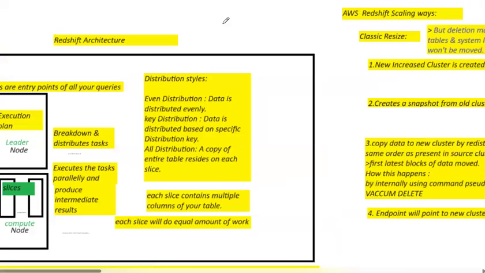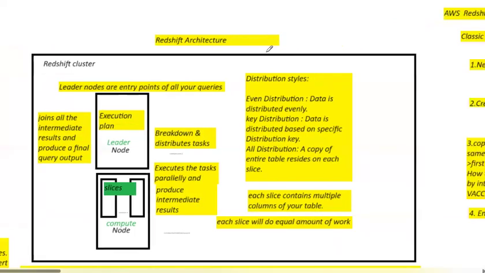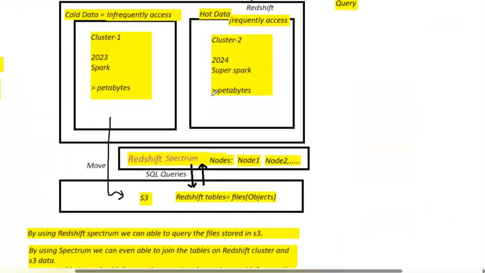So in the main cluster you have the leader node, right? At this leader node, it joins all the intermediate results, produces the final output of your query and sends it back to the client. So in this way, your processing happens under Redshift Spectrum.